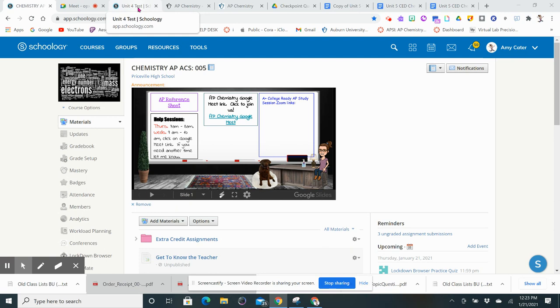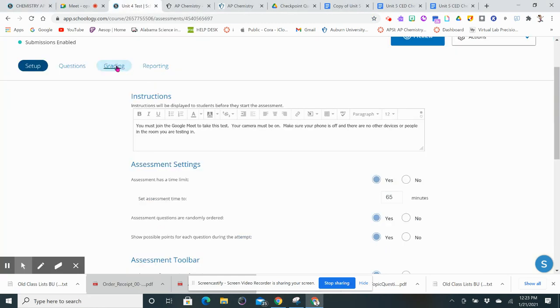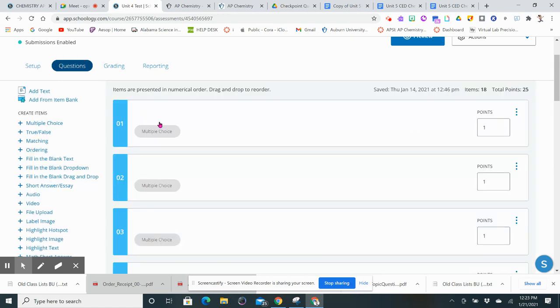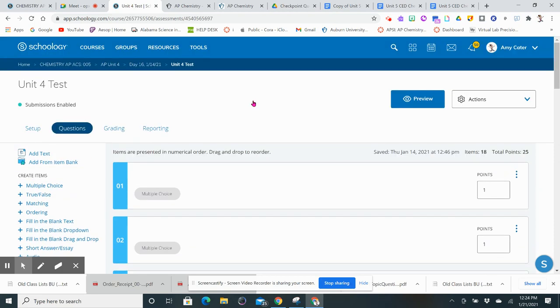So go ahead and go to Unit 4, the last day of Unit 4, and open up your Unit 4 test, and you ought to be able to look at your questions and see what the correct answers are. So if you have questions about any of those, we will take a few minutes to go over them. It would be the last day of Unit 4, so go to Unit 4 and go all the way down to the very last date. I believe that was 14th maybe, or 13th, or something like that.